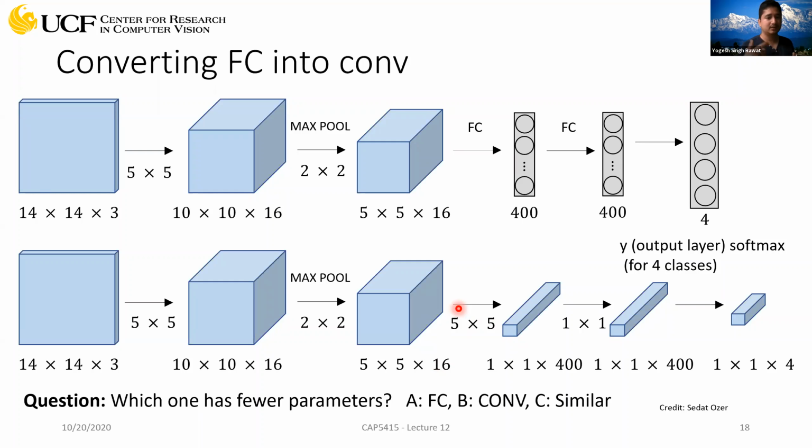So if you're using a 3x3 kernel, then the third dimension defaults to whatever number of channels you have in your input data. Okay, so the kernel size is 5 × 5 × 16, and then we've got 400 of those kernels. Exactly. Okay, all right, that makes sense.